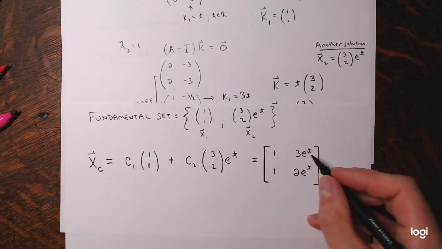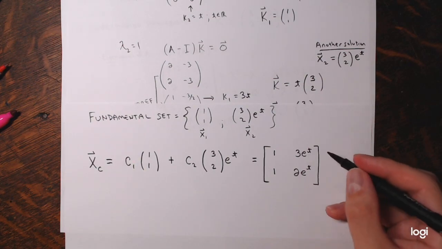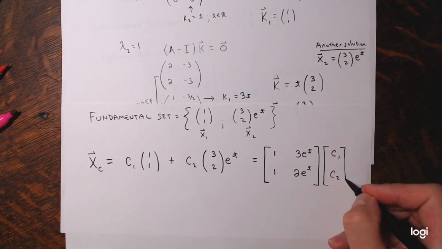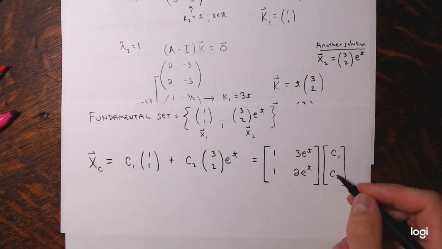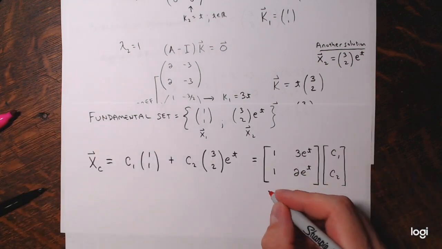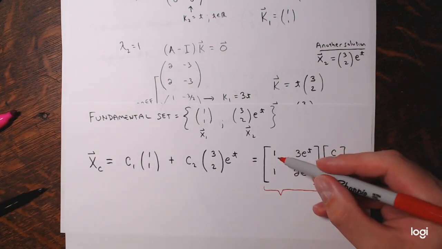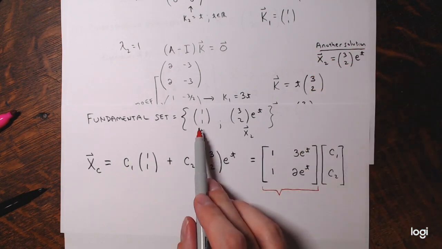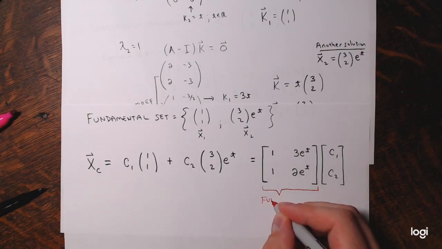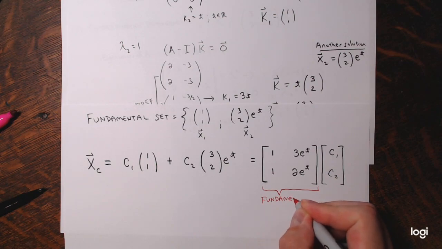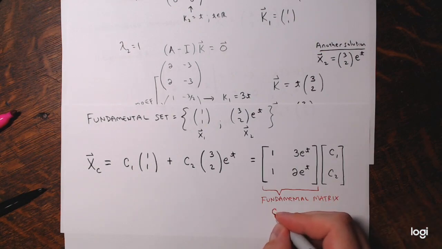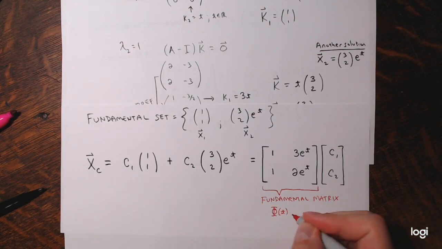There's x1 down the first column, x2 down the second column, and then times c1, c2, a column vector with the constants, the coefficients. And this is what I had earlier. This matrix here, where each column is just a vector from the fundamental set of solutions to that corresponding homogeneous system, is the fundamental matrix for our system. Again, fundamental matrix, which I was calling phi of t.